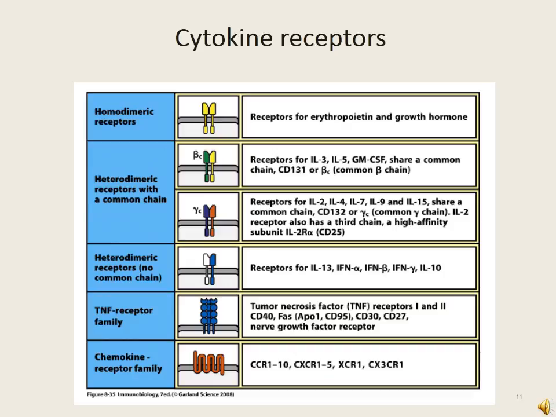The second row shows that the cytokine receptor is a heterodimeric receptor, okay, with a common chain, that is one chain shared in the various receptors, and we have heterodimeric receptors with no common chain.